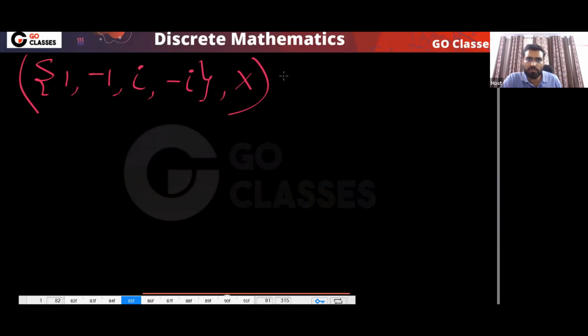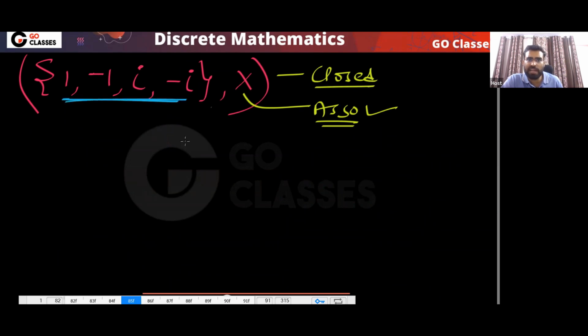Is this a group? So this multiplication is definitely associative. Multiplication is always associative. And the closure property, this is closed also. Why is this closed? Any two elements you take, the multiplication will be inside.